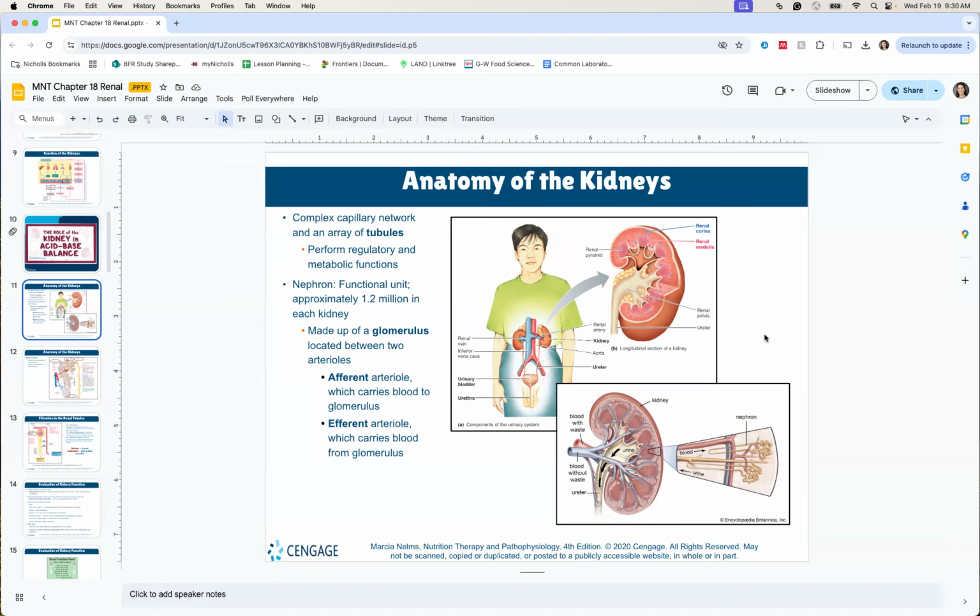So some important terms with our nephron is that we have two main arterioles within the nephron. The afferent arteriole carries blood to the glomerulus, which is the filtering body within the nephron. So it brings blood to the glomerulus to be filtered. And then whatever has passed or is carried away from the glomerulus leaves the glomerulus through the efferent arteriole.